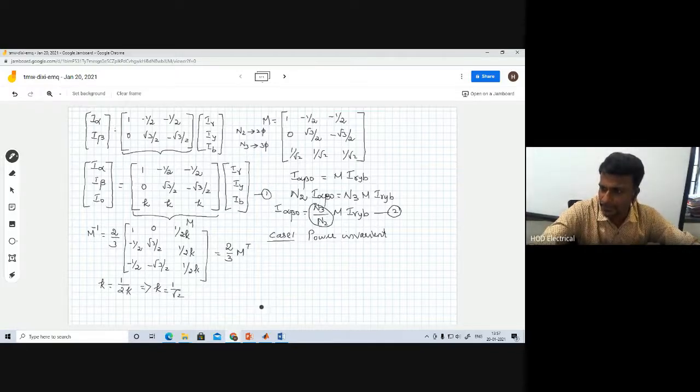In this power invariant system, three-phase power is equal to two-phase power.